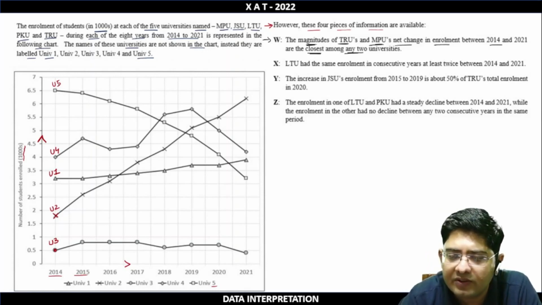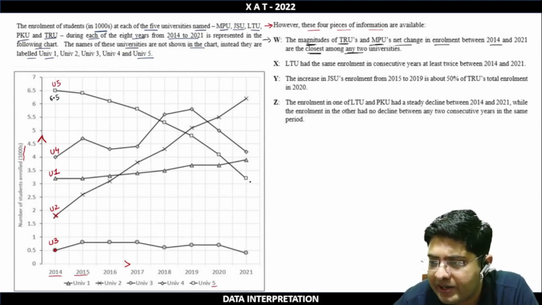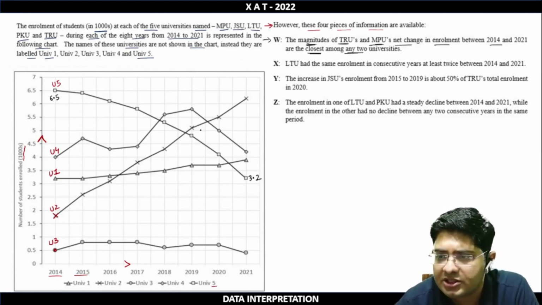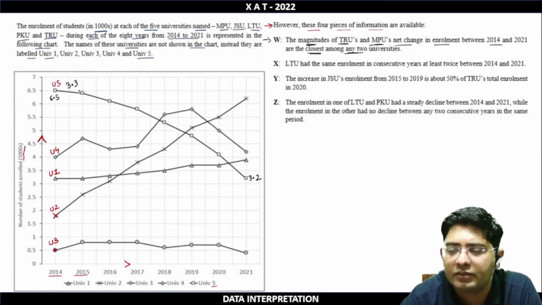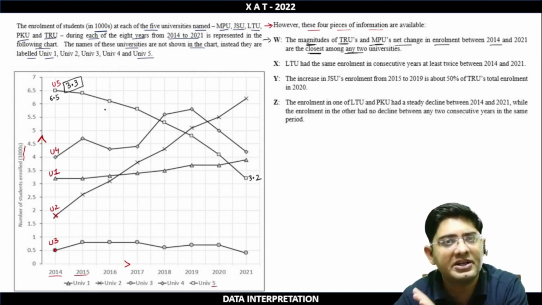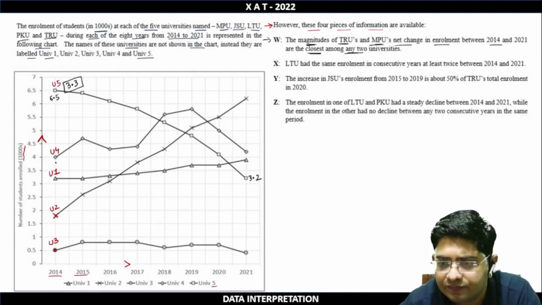If I look at University 5, enrollment is 6.5 in 2014, and in 21 the enrollment is 3.2. Okay, so I'm taking one place of decimal. So 6.5 minus 3.2, that will be 3.3. So that is the net change. Okay, so 3.3 is the net change from 14 to 21 of University 5.